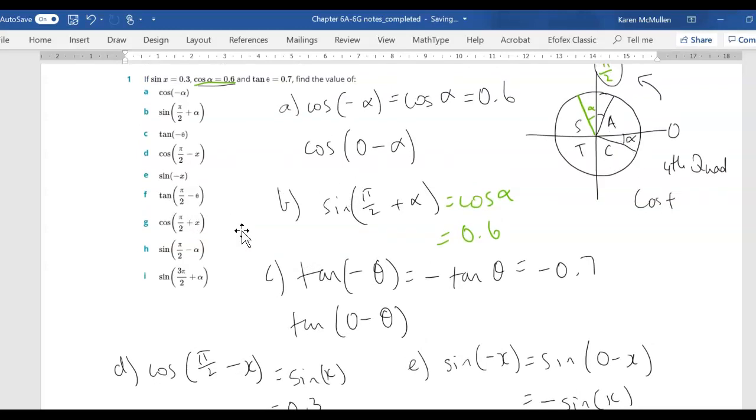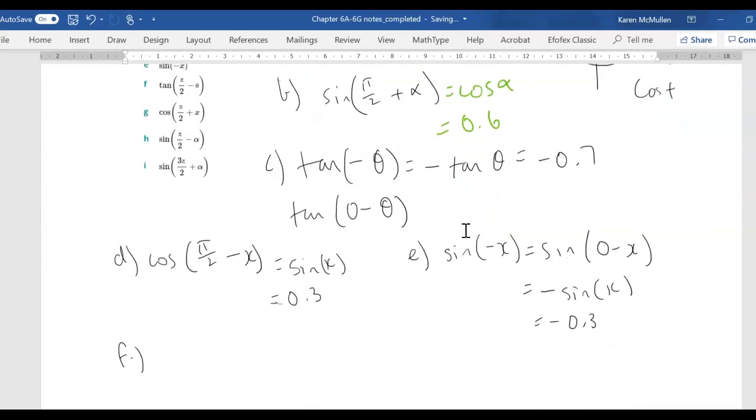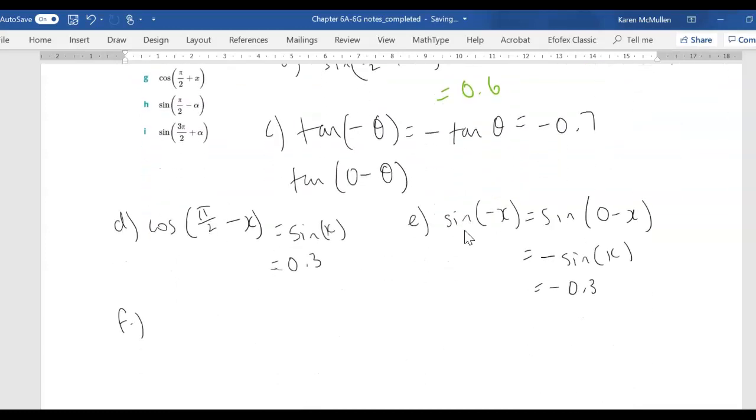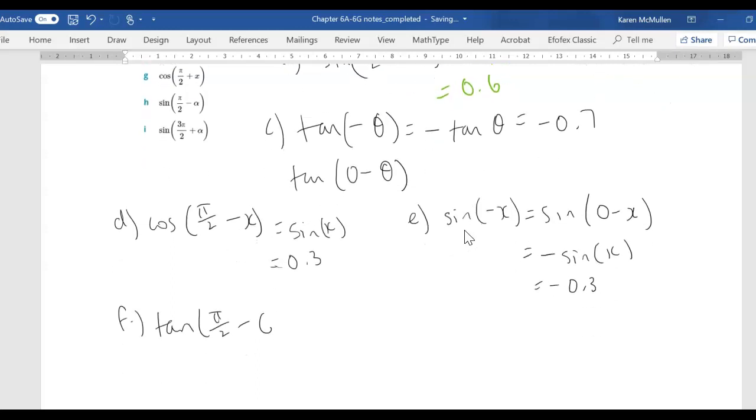Pi on 2 minus theta is in the first one, so we're looking at a positive. Let me just write that down: tan of pi on 2 minus theta. So we know our answer is positive.